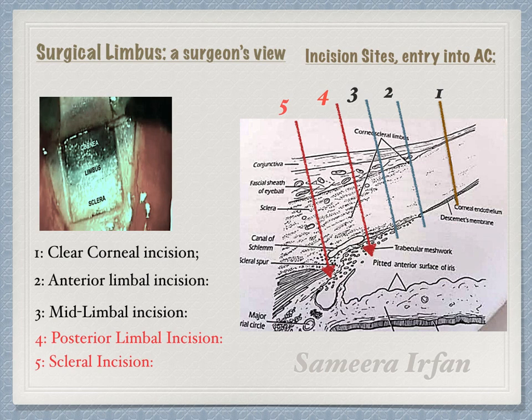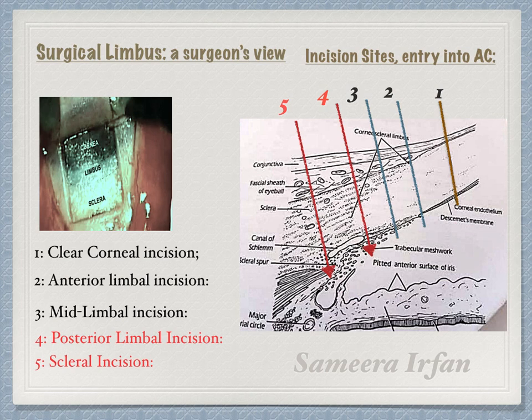On the other hand, a mid-limbal incision, which is located at the gray limbal zone in front of Schwalbe's line, is the most preferred site of entry into the anterior chamber. Then number 4 is a posterior limbal incision, which is located at the white limbal zone, and this may damage the underlying trabecular meshwork.